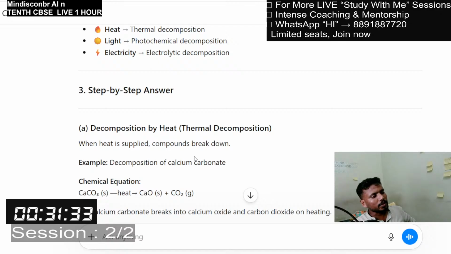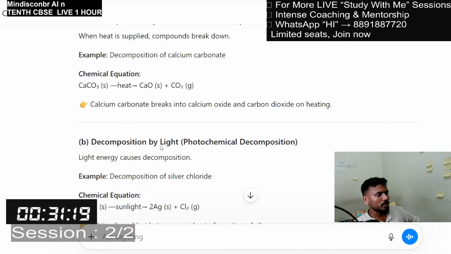When heat is applied, compounds break down. Decomposition of calcium carbonate is an example, where calcium carbonate plus heat gives CaO plus CO2. This calcium carbonate breaks into calcium oxide and carbon dioxide on heating.